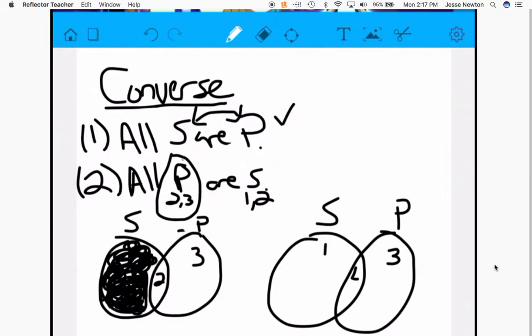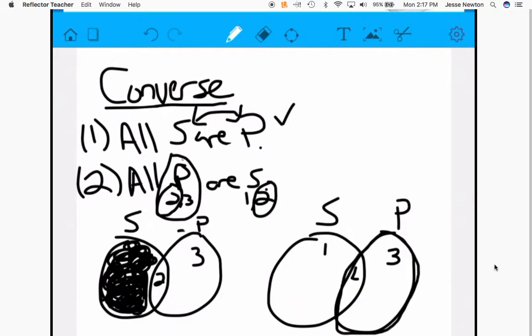So we look at the area where they overlap, and they overlap in 2. We don't care about 1 because no P could possibly exist in 1, because P is just in this area right here. It just doesn't matter to us. We only care about 2 or 3. And what this sentence is telling us is that all the P's that exist in the world are going to be in 2.